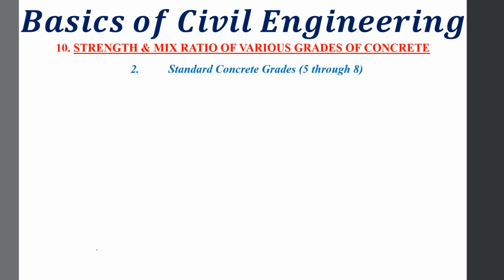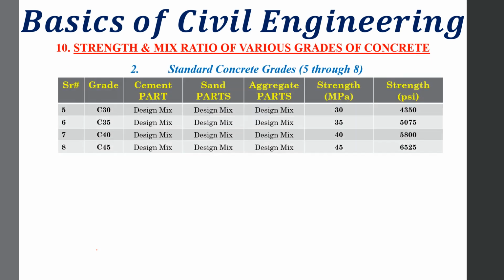For standard concrete grades, number 5 through 8, C30 to C45, you have to design the mix to attain minimum strengths of 30 megapascals, 35 megapascals, 40 megapascals, and 45 megapascals, and their corresponding PSI strengths are given in their respective rows.